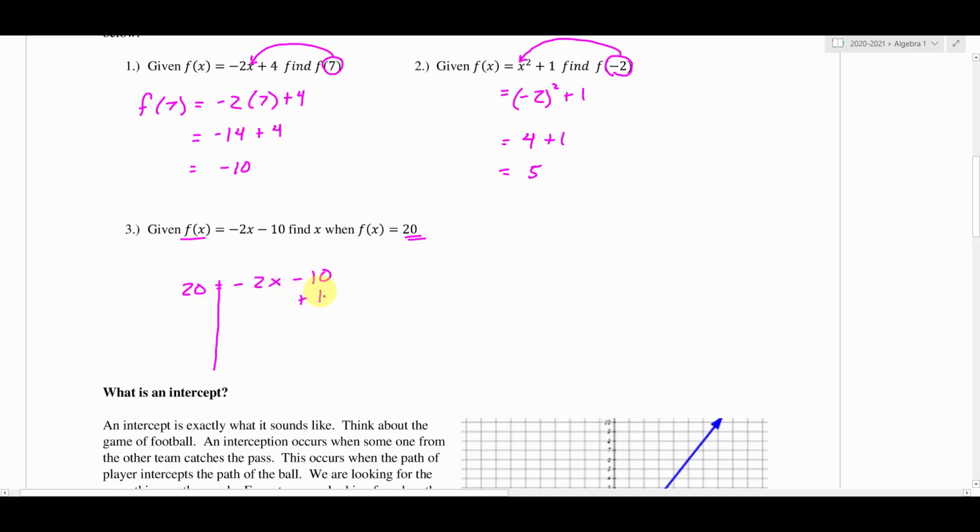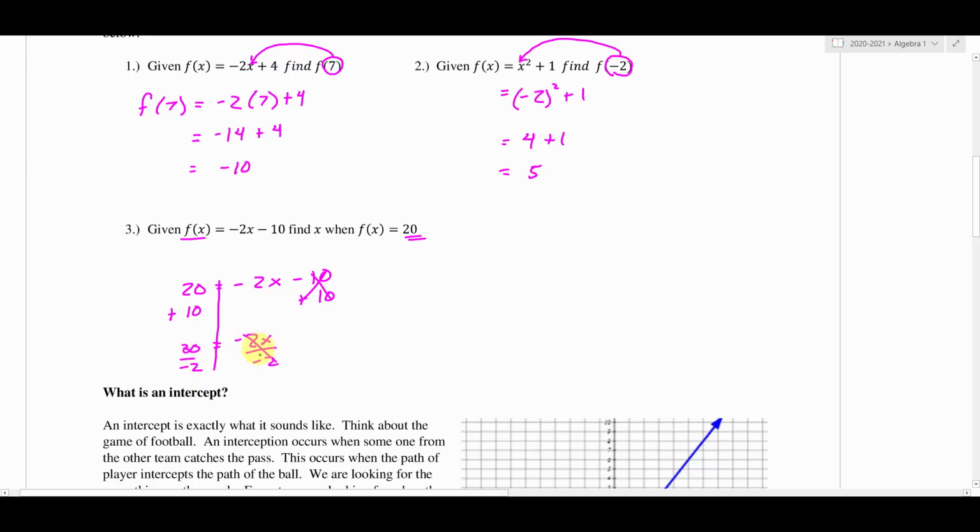We do this using a little bit of equation solving. I'm going to add 10 to both sides and start trying to get this x by itself. The 10s are going to cancel. 20 plus 10 is 30. So now I have 30 equals negative 2x. Then to get x by itself, because this is negative 2 times x, and to undo multiplication I have to divide, I'm going to divide by negative 2.